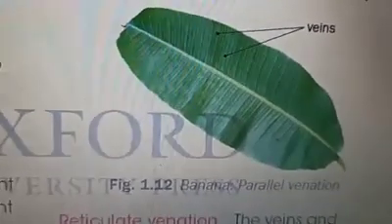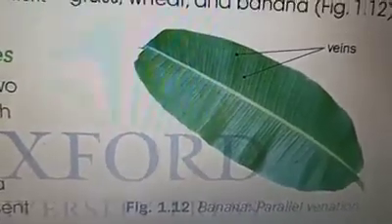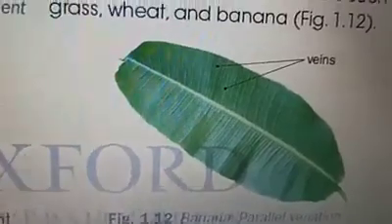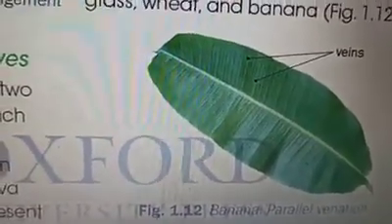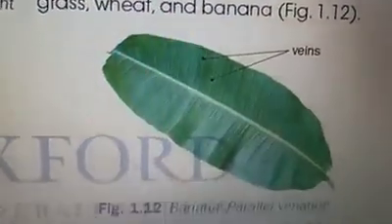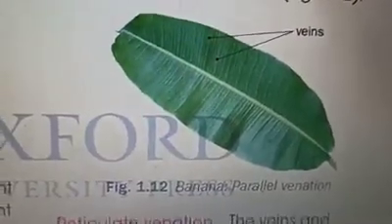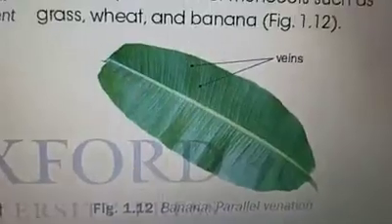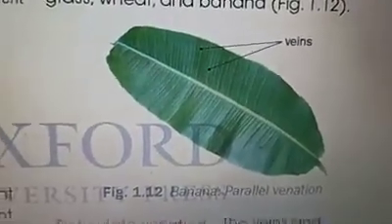So what is parallel venation? The veins are arranged in parallel rows within the leaf. For example, leaves of monocots such as grass, wheat and banana. You just notice the parallel arrangement of the veins and veinlets of the leaf.